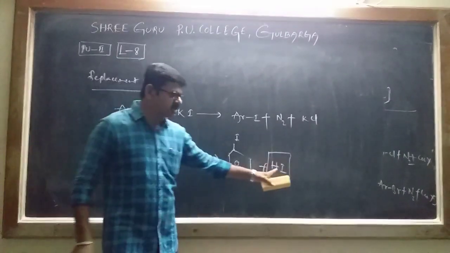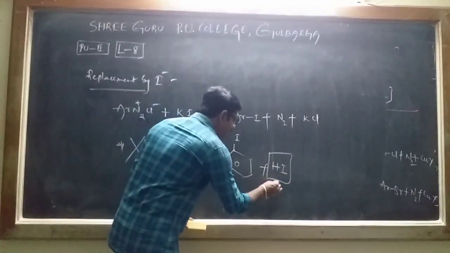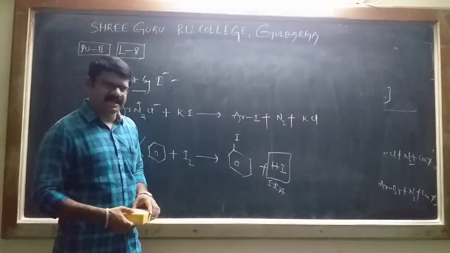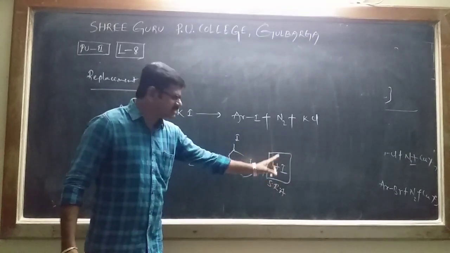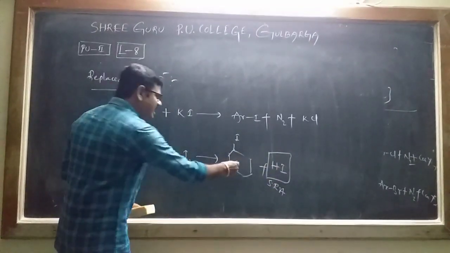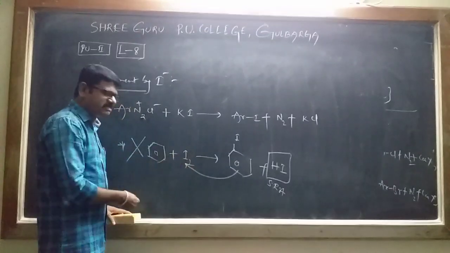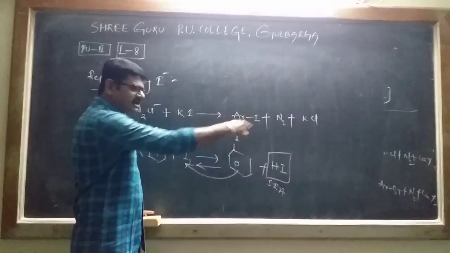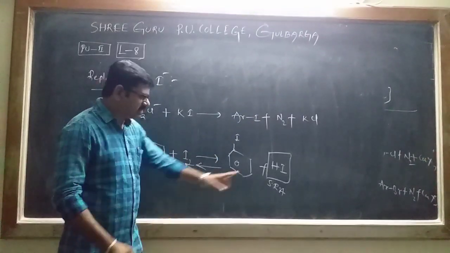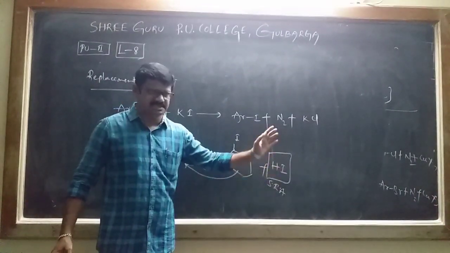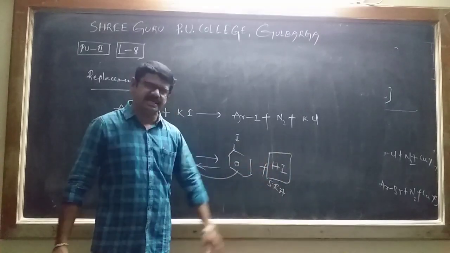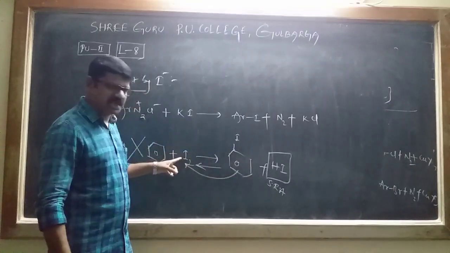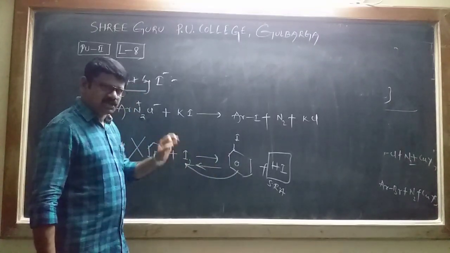The problem is hydrogen iodide is a strong reducing agent. This reducing agent reduces iodobenzene back, so the backward reaction takes place if you do it directly like this.